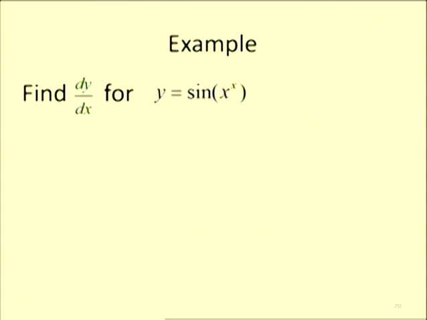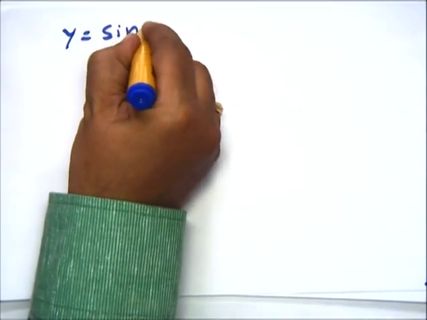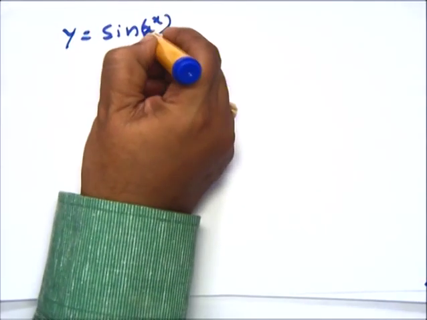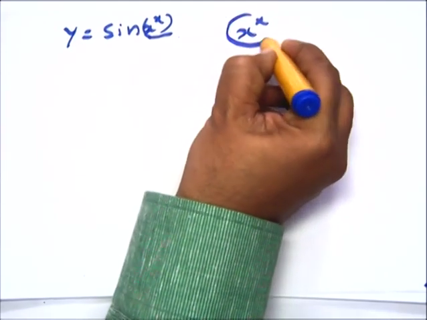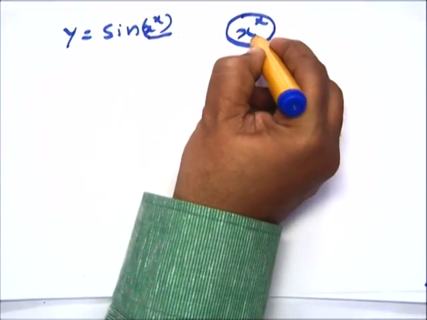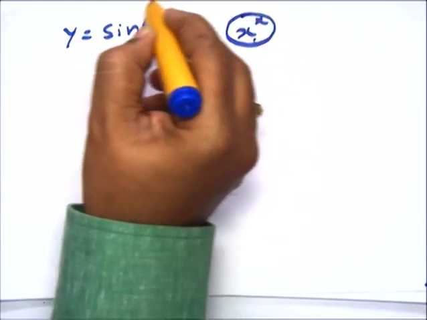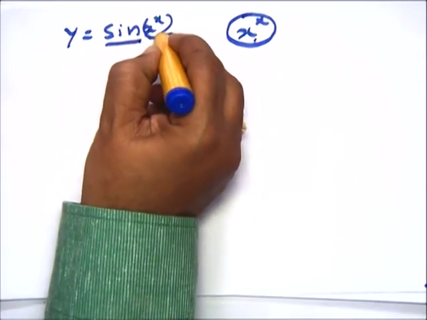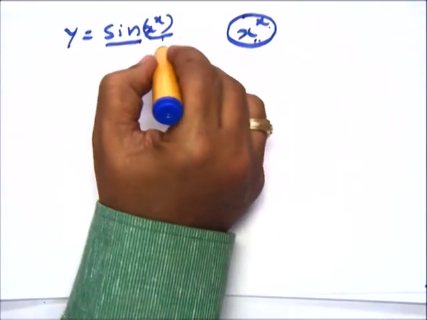So let us solve this example. So y is equal to sin x raised to x. Now this function, x raised to x, can be differentiated using logarithmic derivative, but here the main function is sin, and this is x raised to x. So it is a composition.